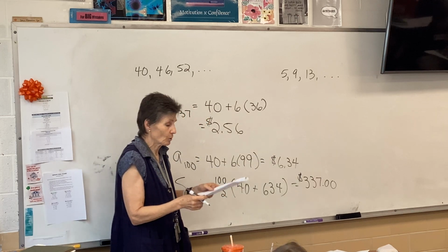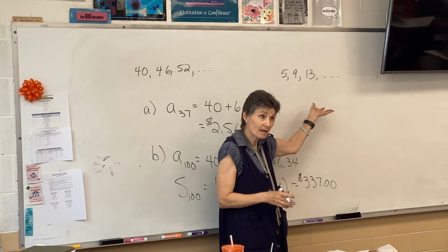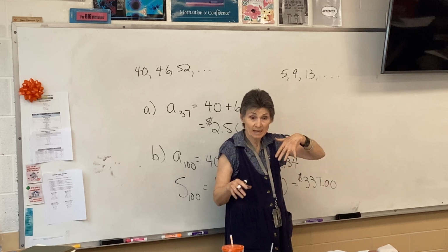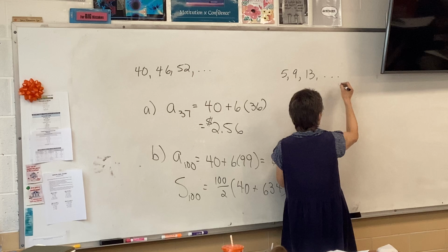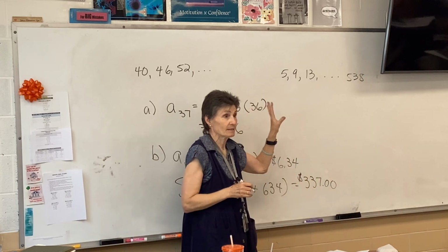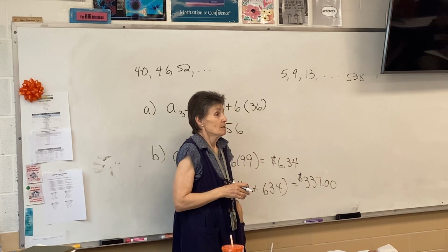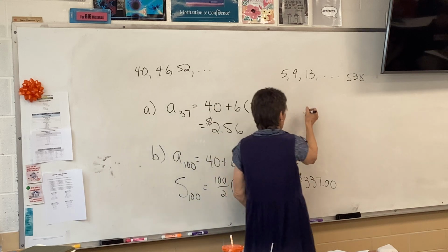So in other words, we know this is the plan. This is arithmetic. Each day he's going to do 4 more than he did the day before. So the question is, is there eventually going to be a 538 in his list of problems? How can we tell? Well, this is arithmetic, right?